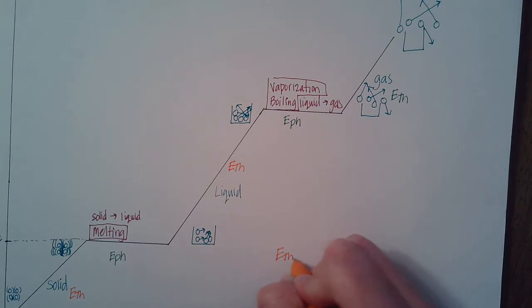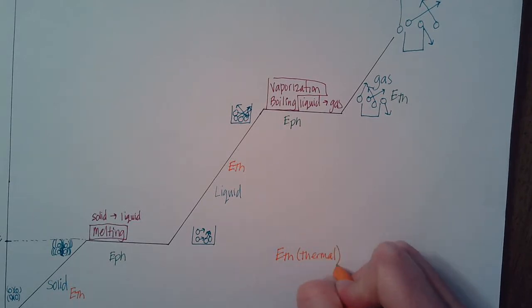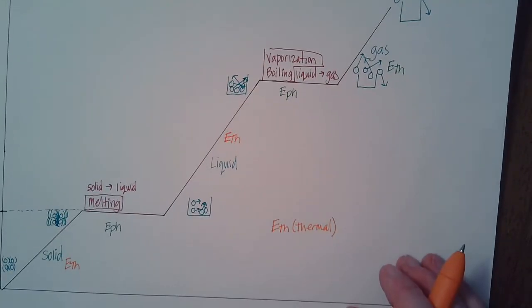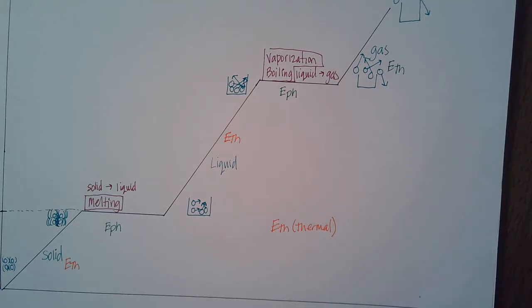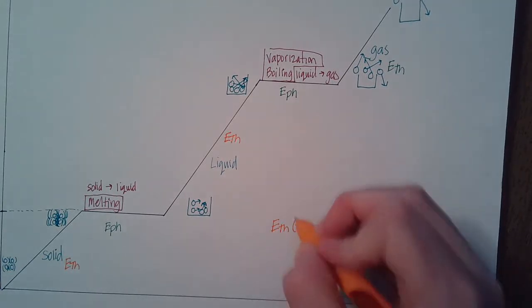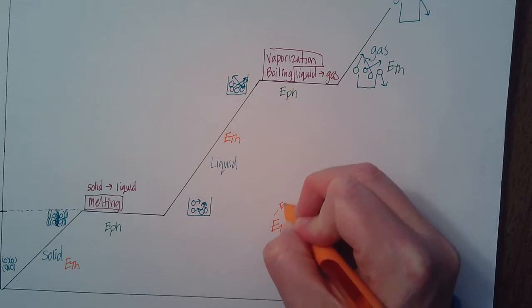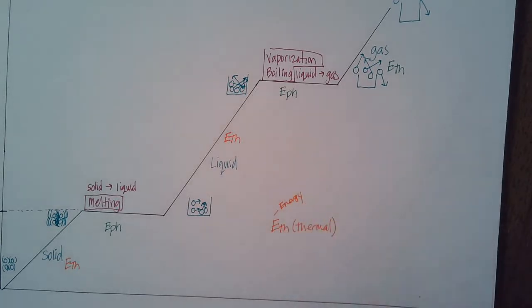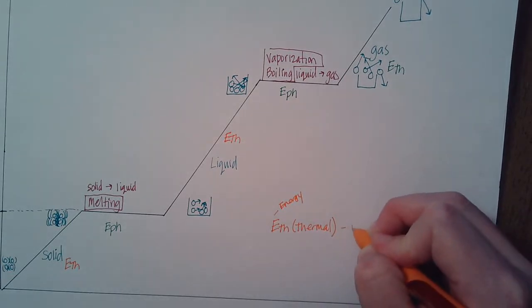And just so you know, you can stop and start this anytime. I would if I were you, to be able to take the notes correctly. So E thermal energy, and this is, of course, energy. I'll write that just in case. This energy is due to the speed of the particles.